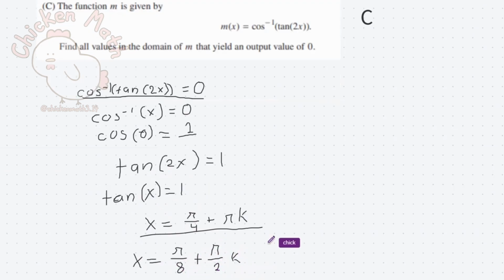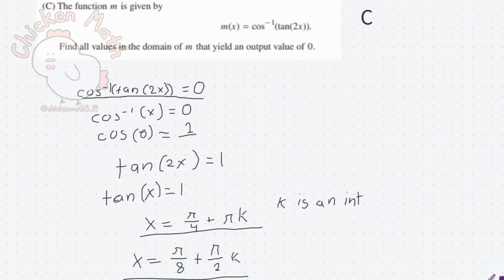And also you must say where k is an integer value, otherwise you will not get full points. So make sure to specify this. I'm going to just say int for short, but you should probably write out integer. Also, you can use any variable, like you could say a or b or c or whatever you want. I just pick k because that's what I normally do. So then this should be your final answer.